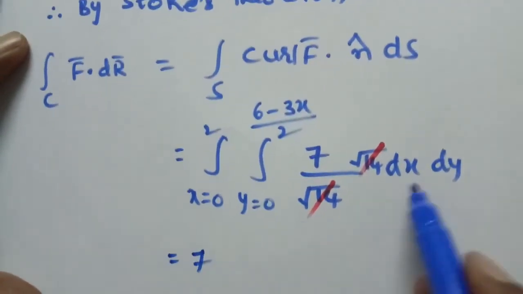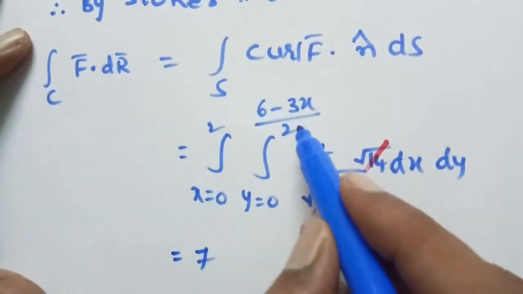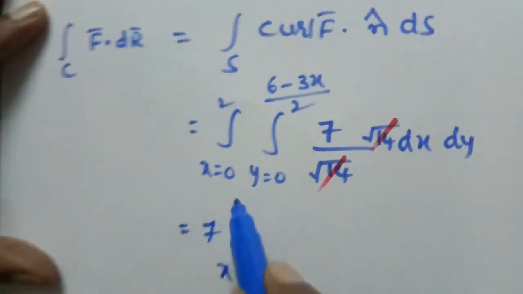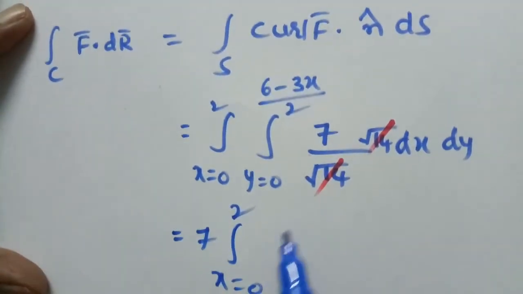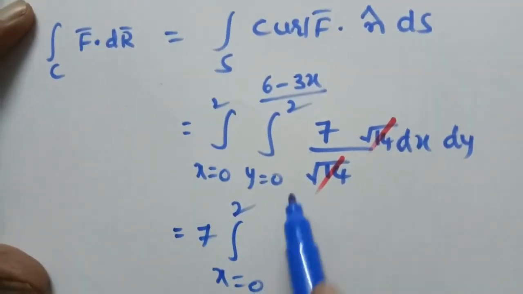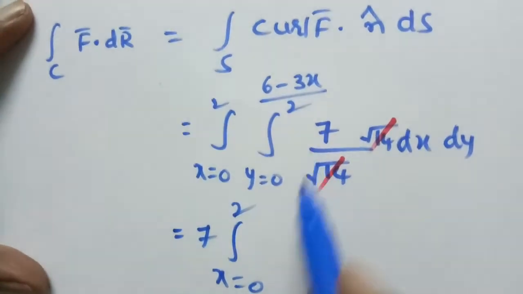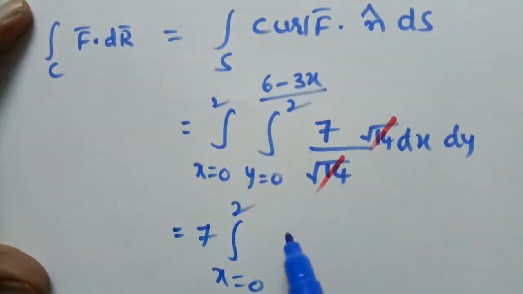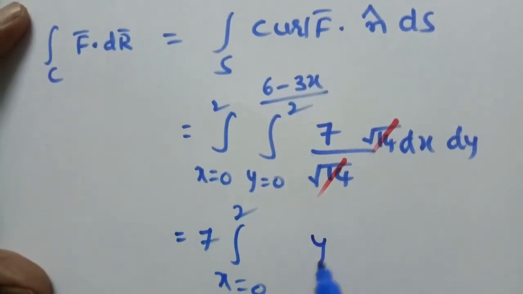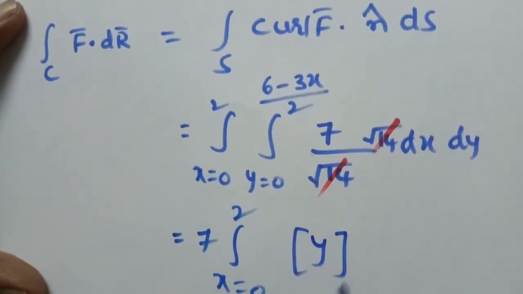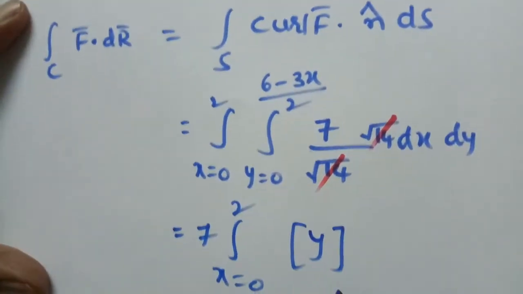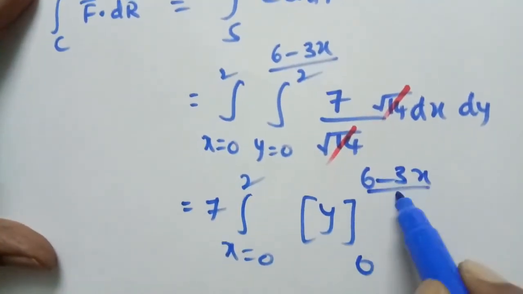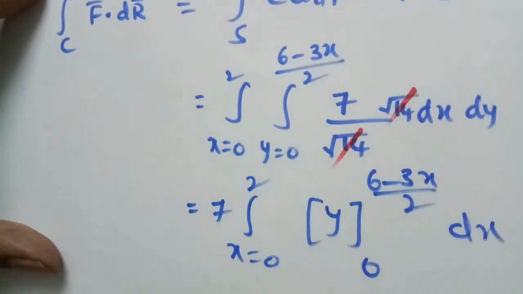First integrating with respect to y, as y limits are in terms of x. There is no variable here, only a constant. Integration of 1 with respect to y is y, from 0 to (6 minus 3x) by 2, into dx.